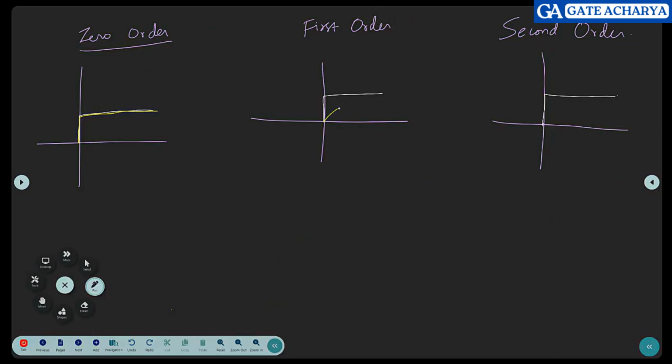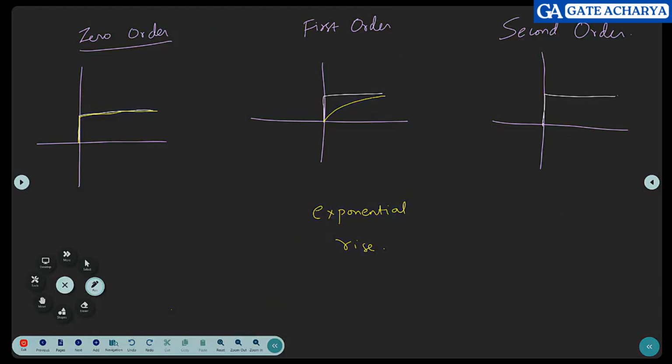It will go something like this, and it will reach the output at infinity. So it will be a slow rise. We usually say this is some exponential rise. What is that exponent? We are going to talk about it.